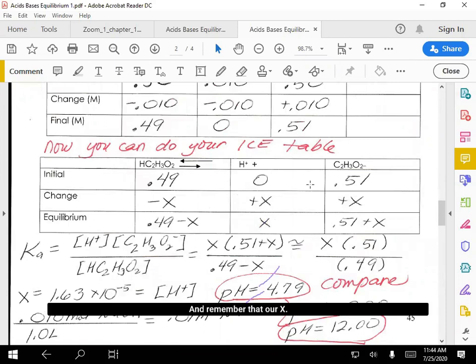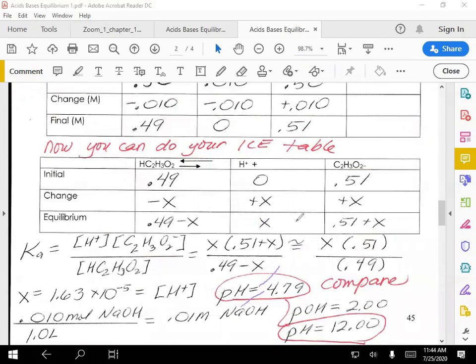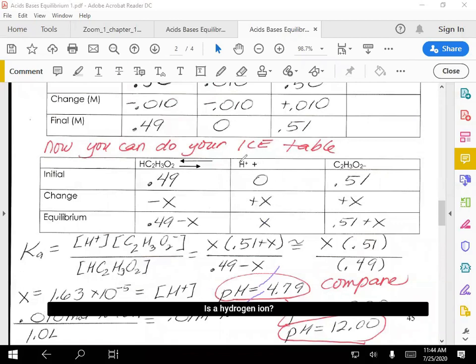And remember that our x is our hydrogen ion. And so when we get the x, we can put it in our pH expression, which I did without showing you. And so we solved for pH. So we had a pH of 4.79 when we added the base.